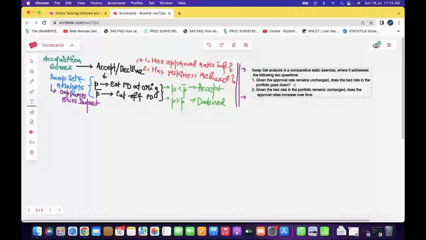shows that the riskiness in the portfolio has reduced.